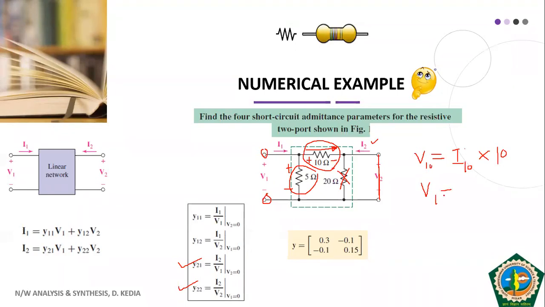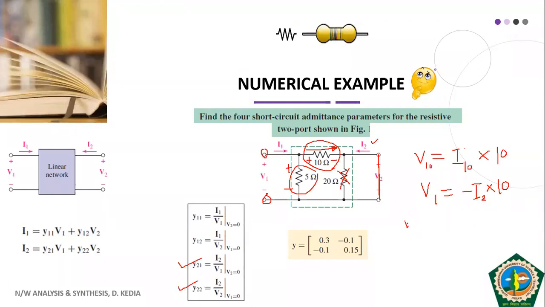Correct. Now what is I10? I10 is from left to right, whereas I2 is from right to left. So I10 is equal to minus of I2, into 10. And what we want? We want I2 upon V1. So we have to take V1 towards the right hand side, and bring the rest of the things to the left hand side.